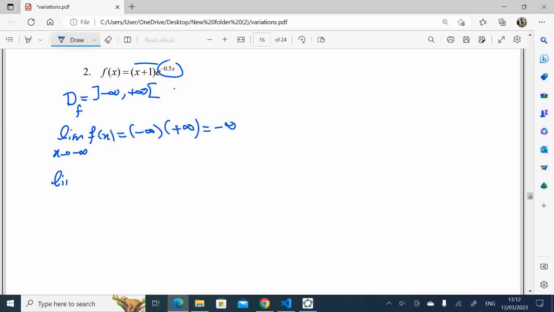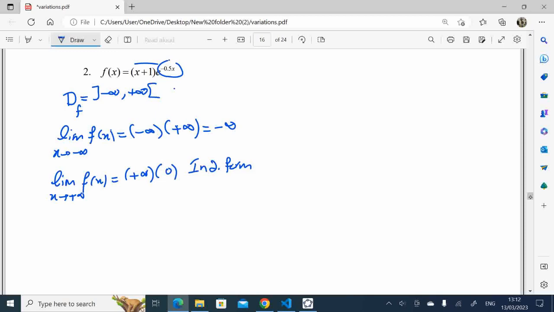Now the limit as x approaches plus infinity of f of x: x plus 1 goes to plus infinity multiplied by e to minus infinity, which is 0, an indeterminate form.